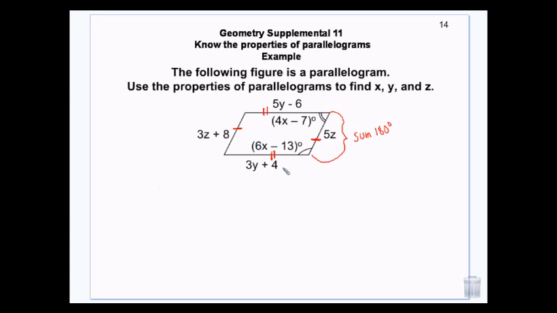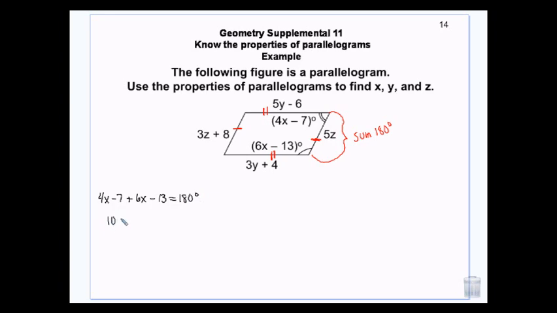So you guys want to do x, y's, or z's first? X first? All right, so these two angles are consecutive. They add up to 180. So if I take the two angles and add them together, it will equal 180.